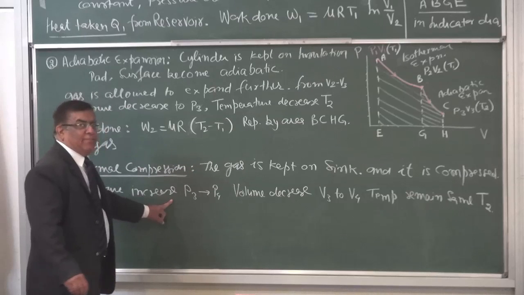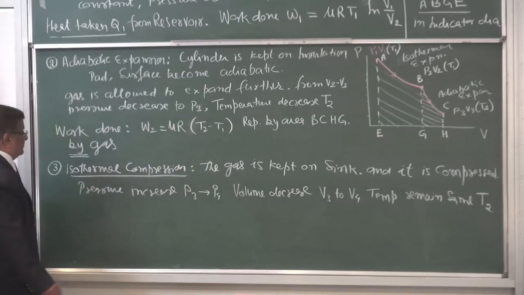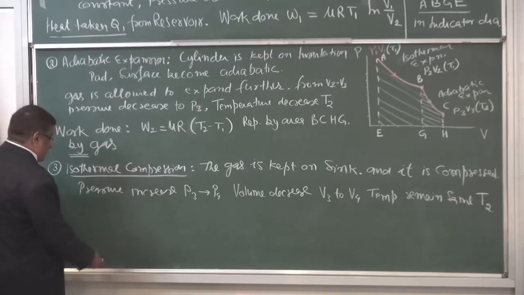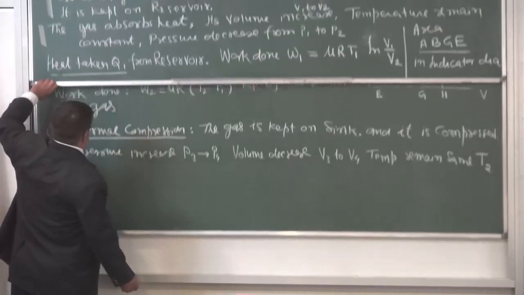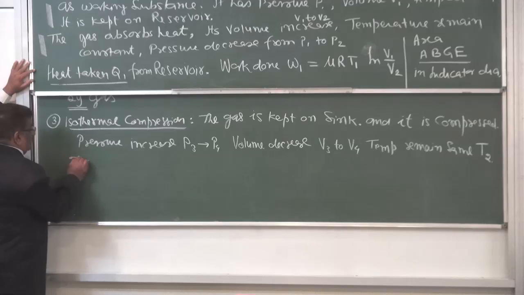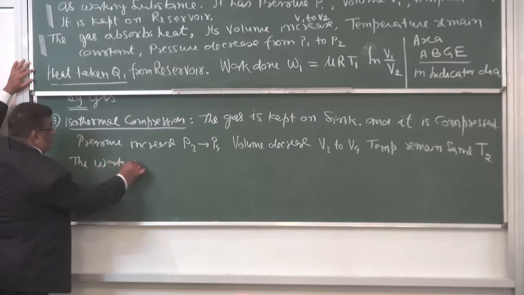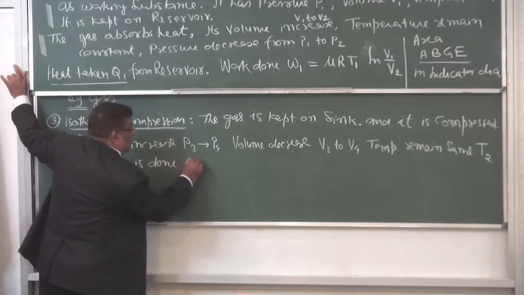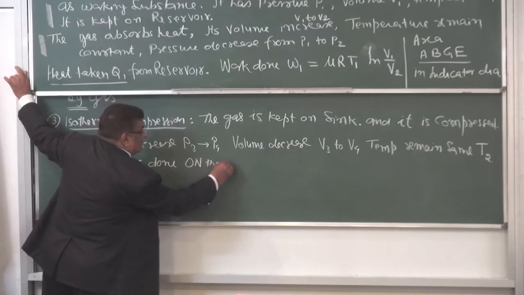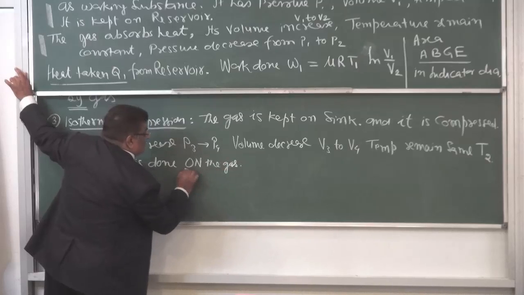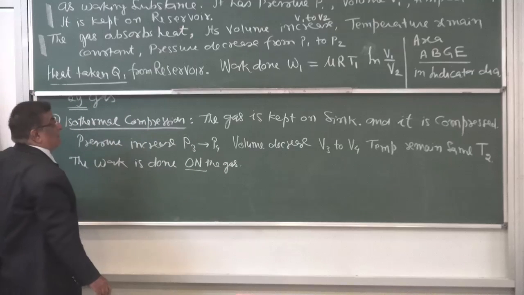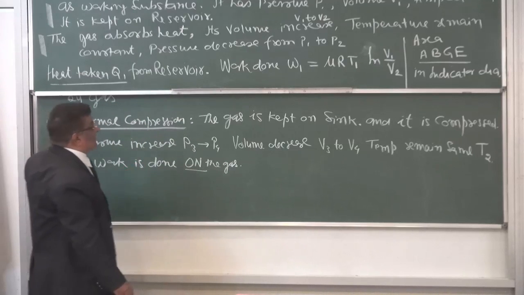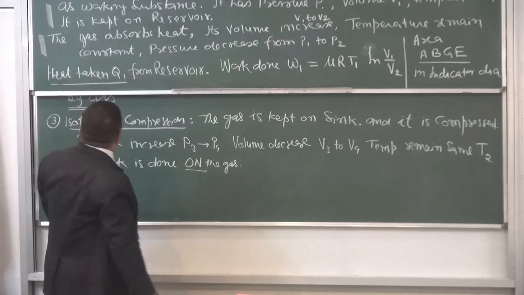This is what happens in this process. So, who is doing the work? The work is done on the gas, and how much is this work? We can write it.